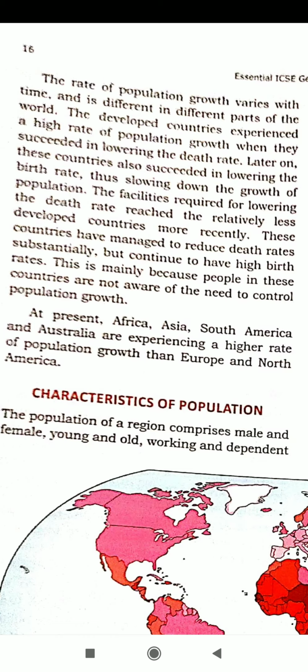We know, students, China is the most populous country in the world and India is the second most populous, because China has made a rule to curb population, but India has not made any rule to curb population. Maybe India will become the most populous country in the world in 2020. It is a projection.